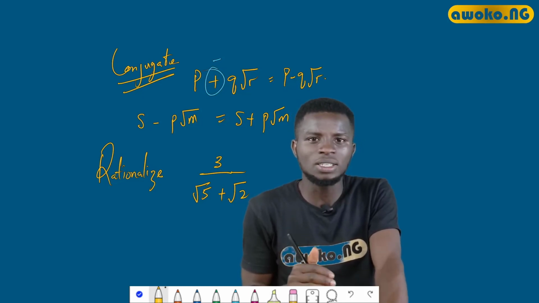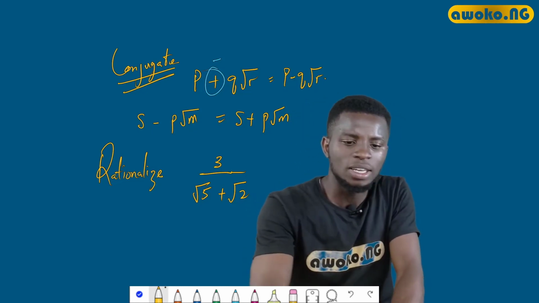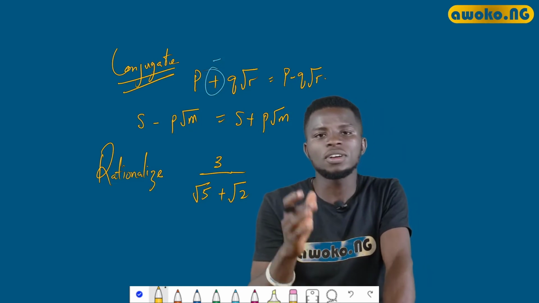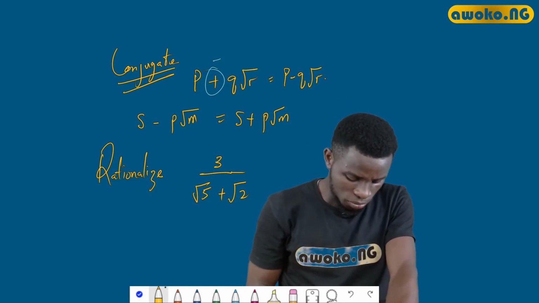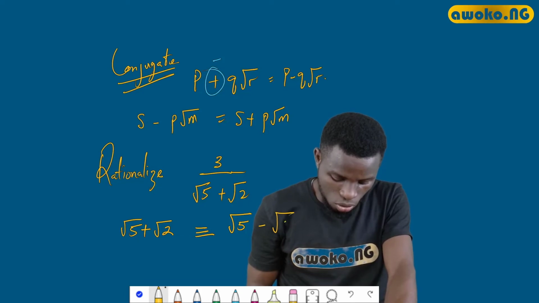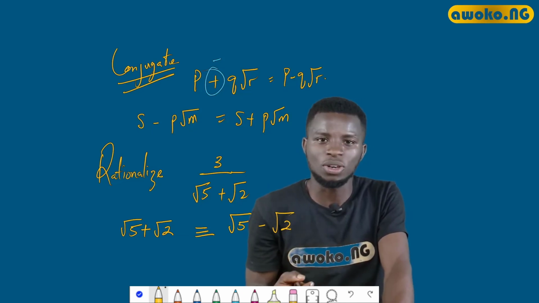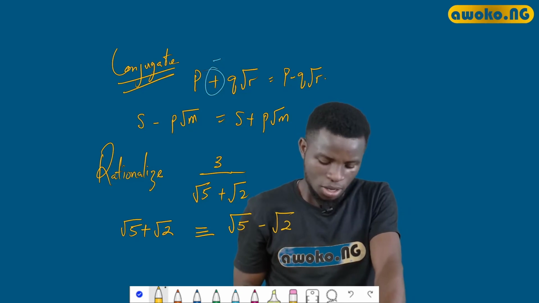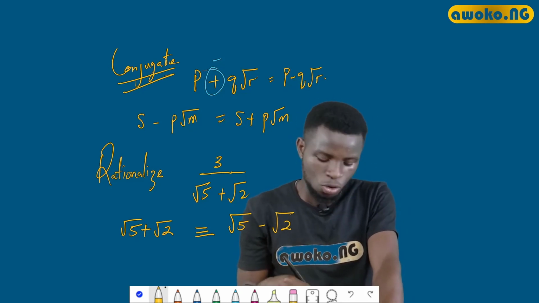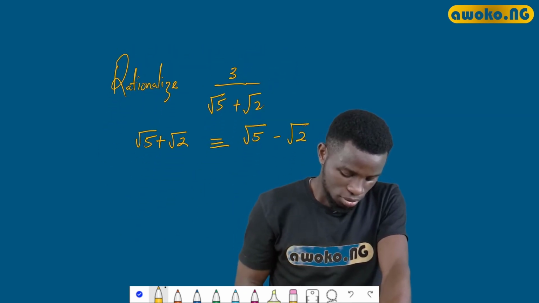Now, the first thing is to find the conjugate of the denominator. So the conjugate of square root of 5 plus square root of 2 is square root of 5 minus square root of 2. If we have done that, we would now input it into our question. This is very simple.